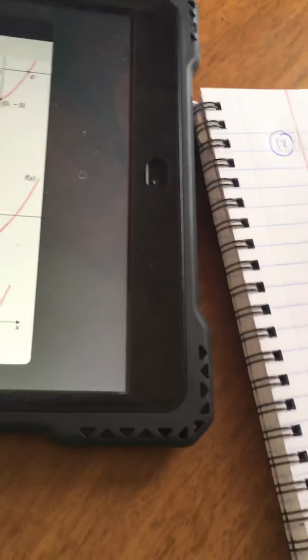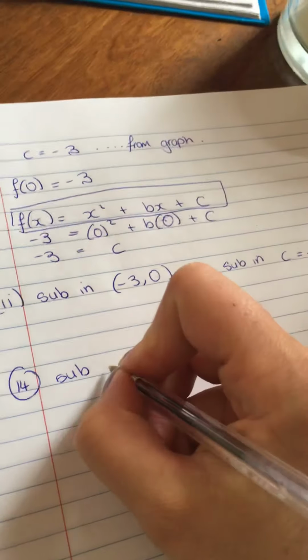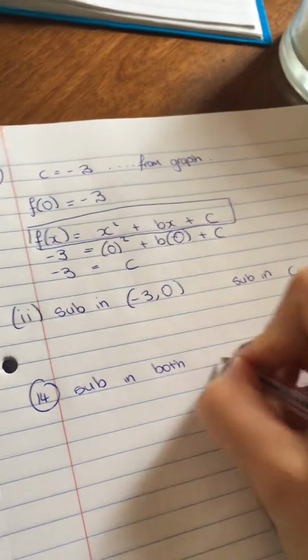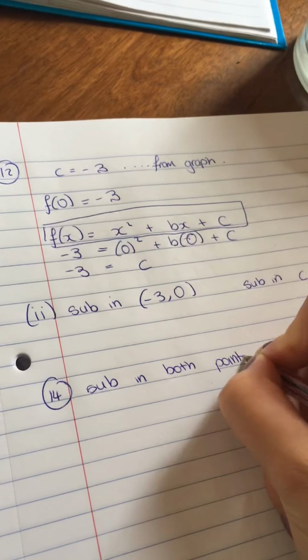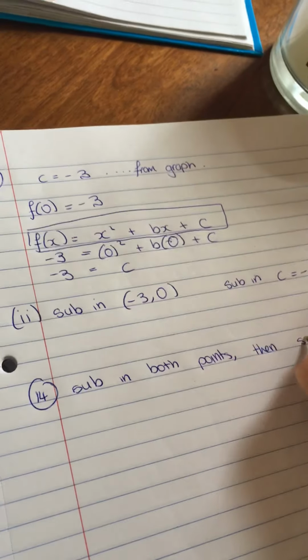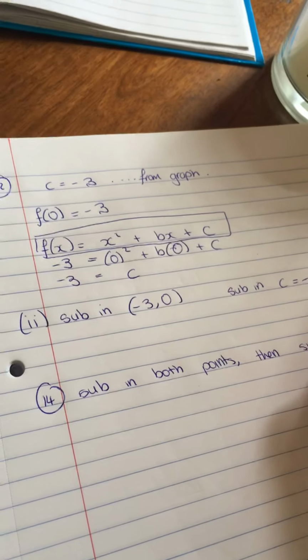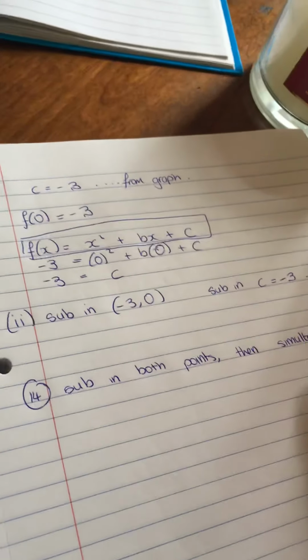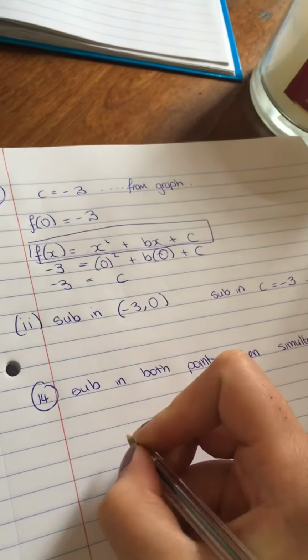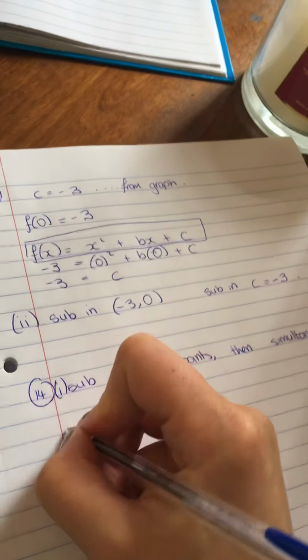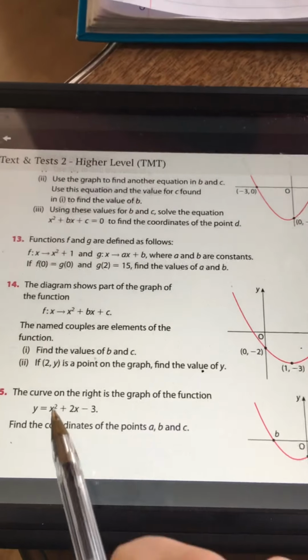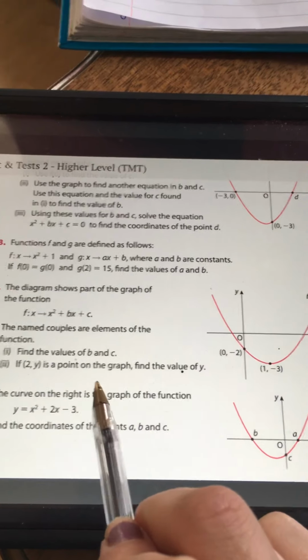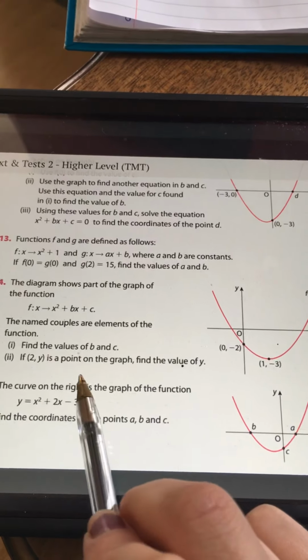So sub in both points, then simultaneous equations. Then the second part, you'll have found your answer to b and c, and then it says 2y is on the graph. If a point is on the graph, you can sub it in.